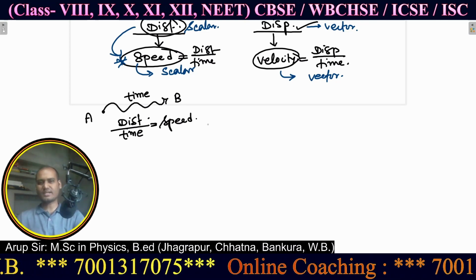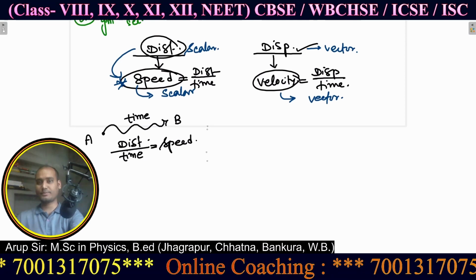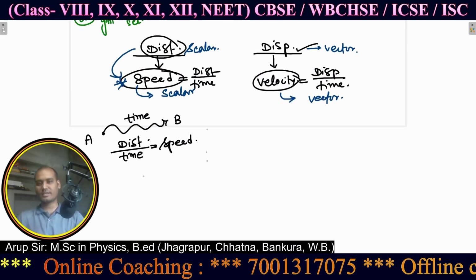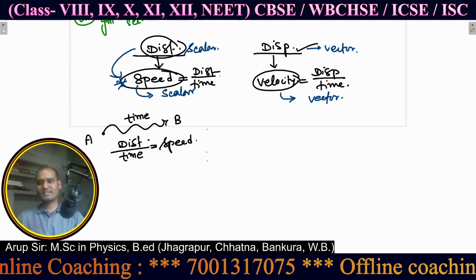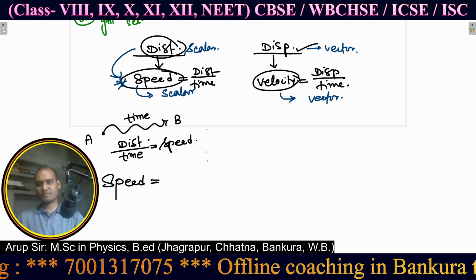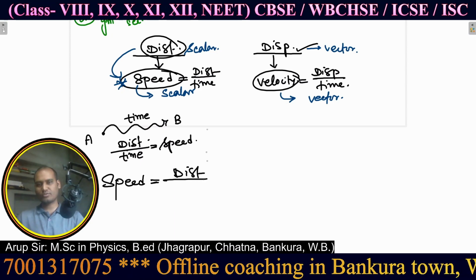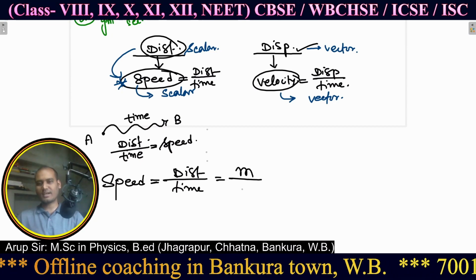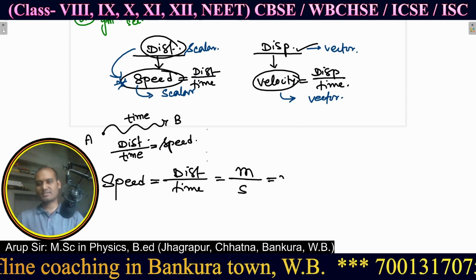Now let's come to some problem. Before coming to problem, let's discuss their units. Simple. Since speed is equal to distance by time, and distance is in meter and time is in second, the unit is meter per second.